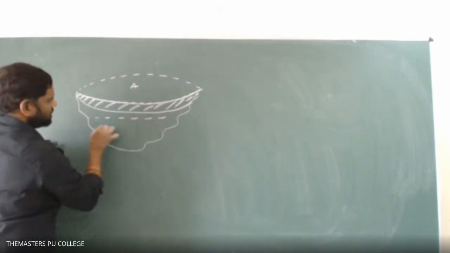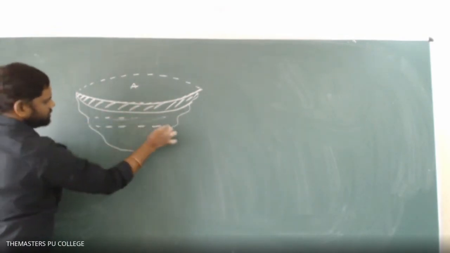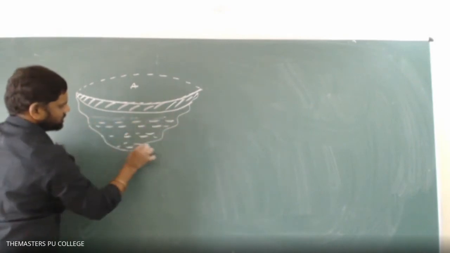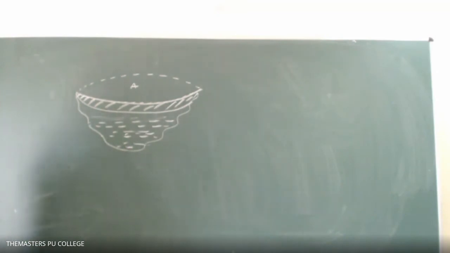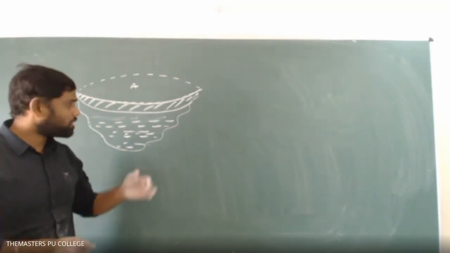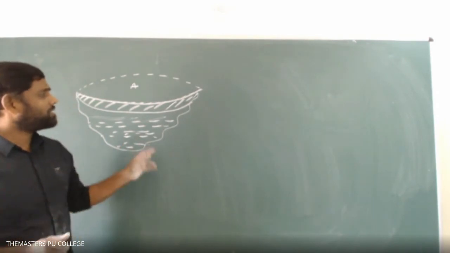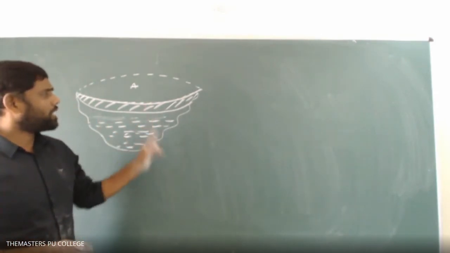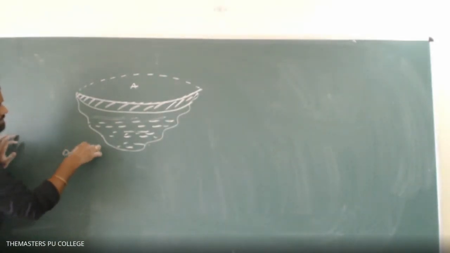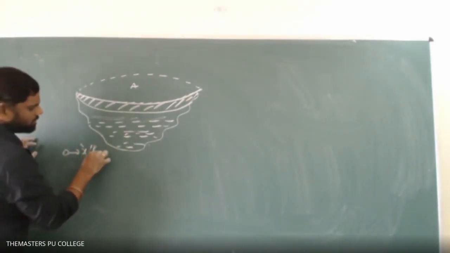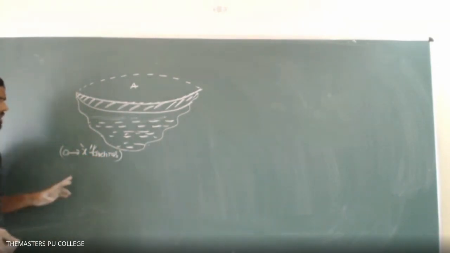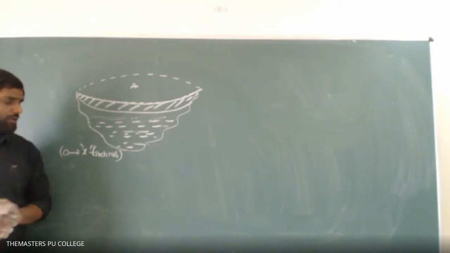These are all water, and this is the ice layer. Because of the anomalous expansion ice is formed. Now we are going to find the time taken to grow an ice layer from 0 to x thickness.